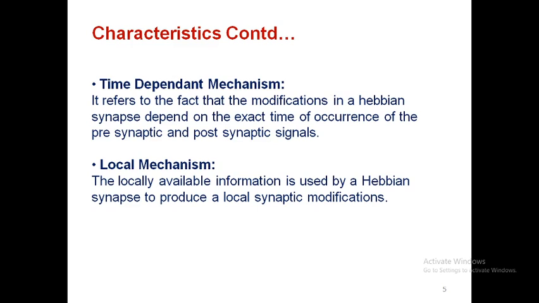The locally available information is used by the Hebbian synapse to produce a local synaptic modification. So it will collect the locally available information, and that collected information will decide whether it needs to act like a Hebbian synapse or not.